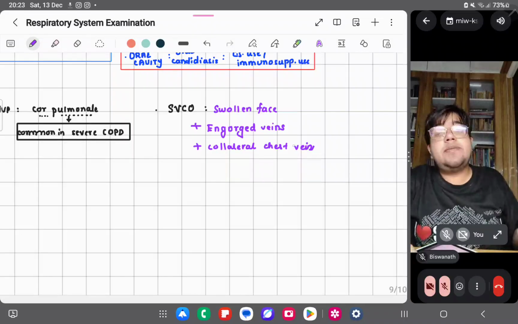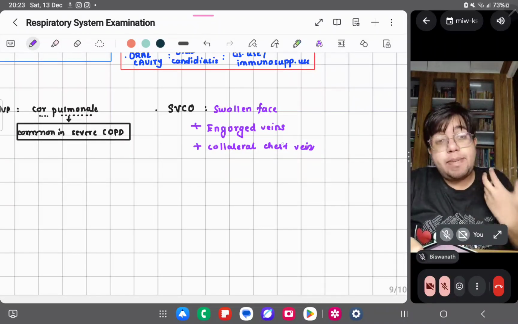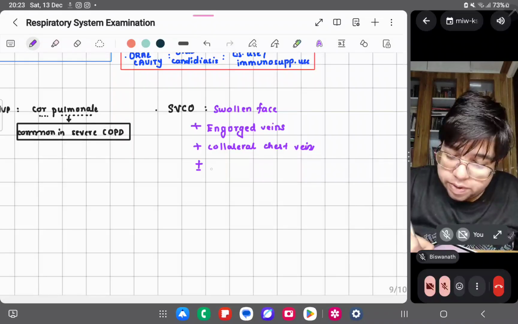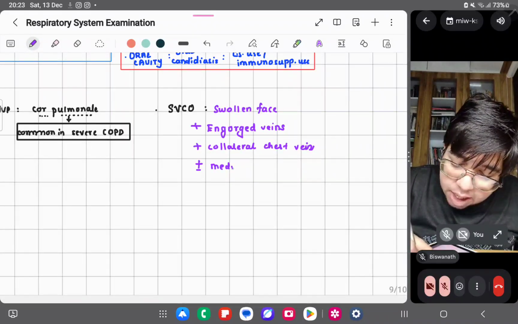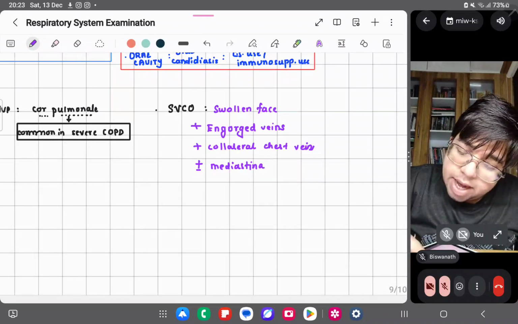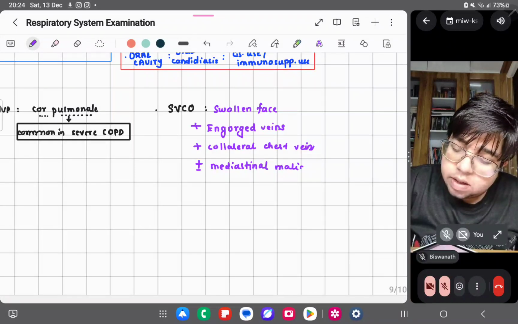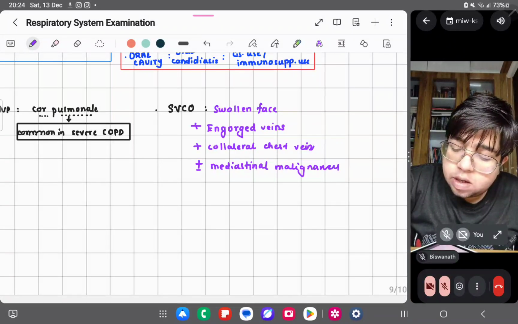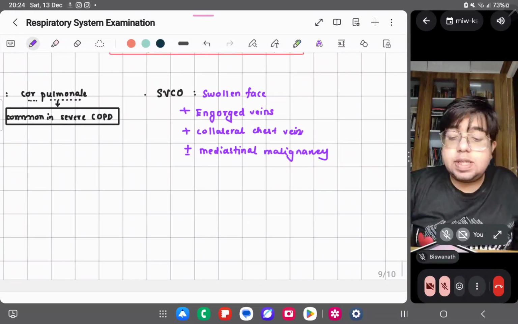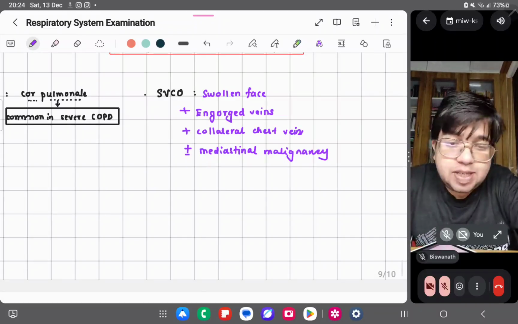Usually there is a malignancy in the mediastinum, mediastinal malignancy. So this is a typical presentation of an SVCO patient.